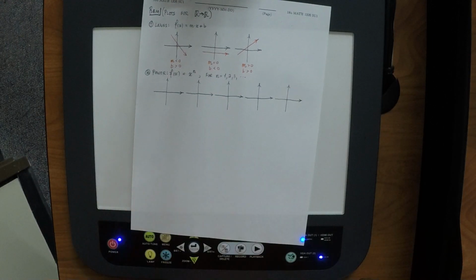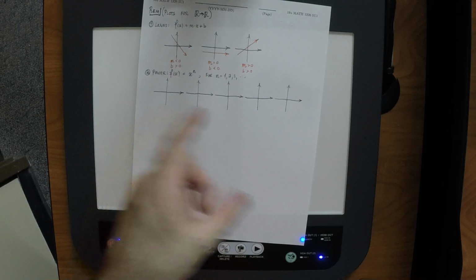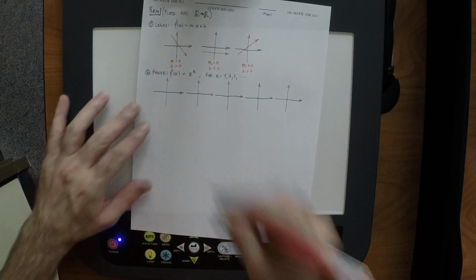Then I'm going to do f of x is x to n for n is 1, 2, 3, 4, 5.